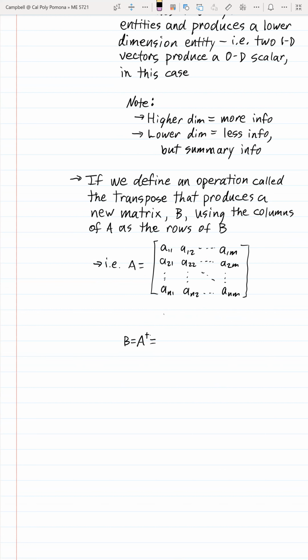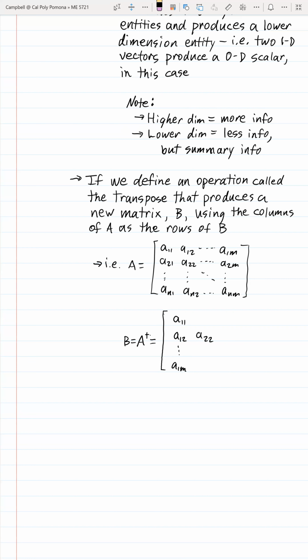We can then see that B is simply going to be A11, A22, because of course the diagonal elements don't change, but to turn this row into a column, we would have A12 here instead of A21. And then we would have A13, etc., all the way down to A1M here.